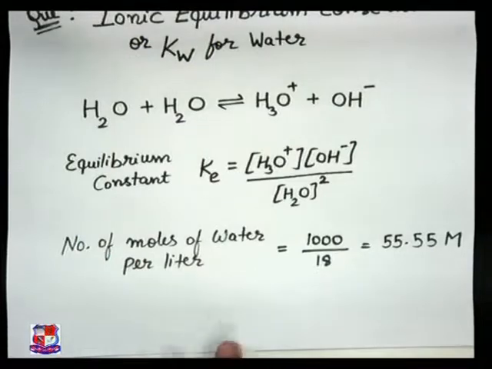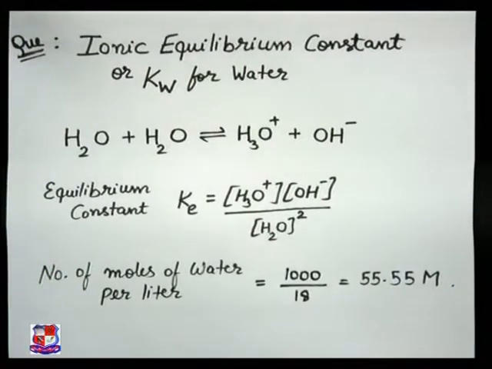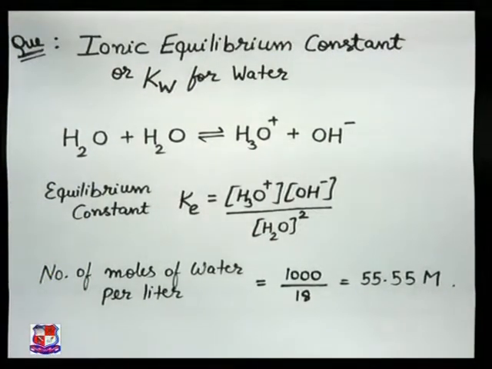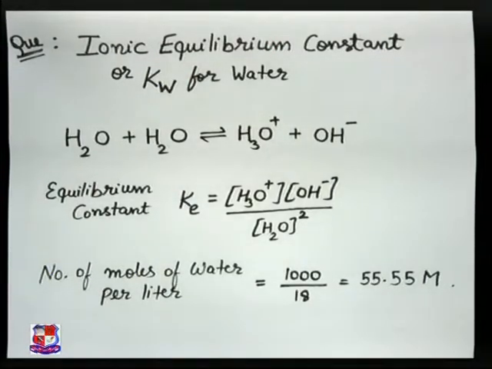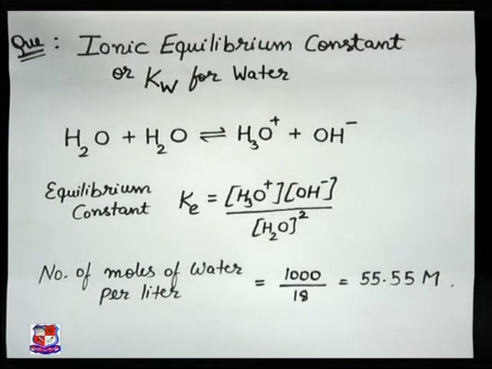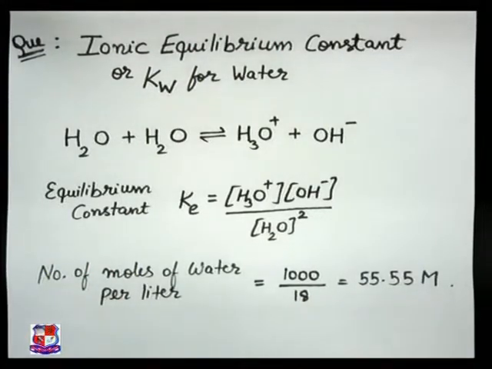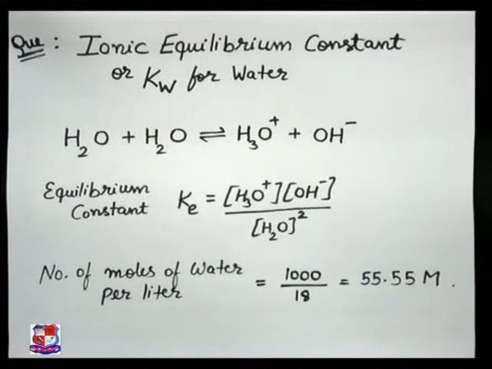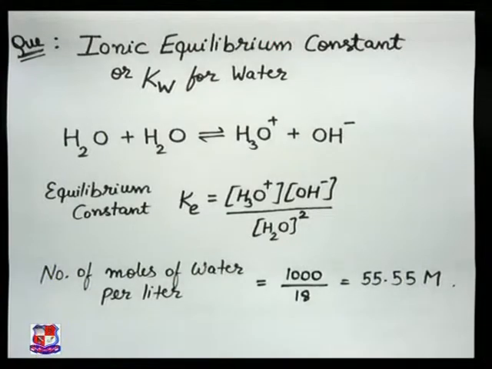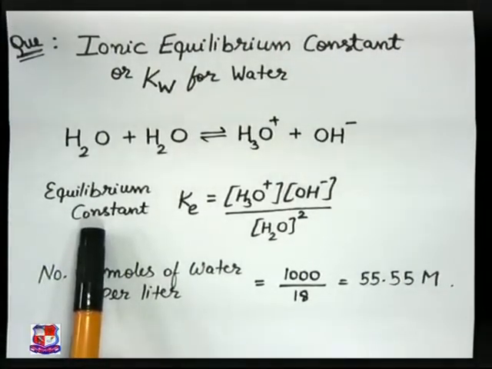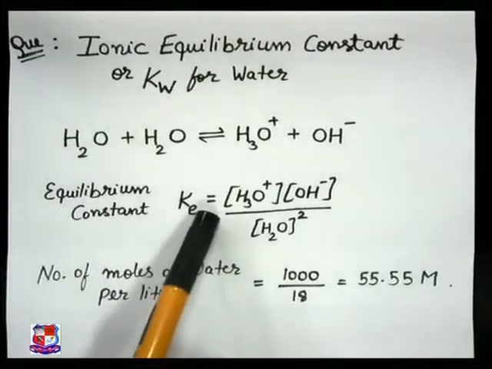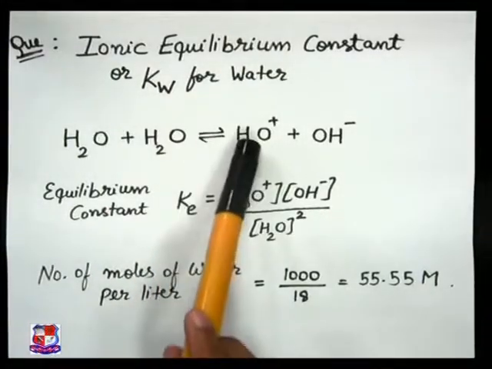Ionic equilibrium constant plays a very important role. If you see here how these ionic equilibrium derivations are derived, one has to see all the cases. Look here, ionic equilibrium constant for the water, that is Kw for the water. Let us try to derive how it comes. We have an equilibrium constant of the water, that is Ke, that will be basically expressed as concentration of the product.